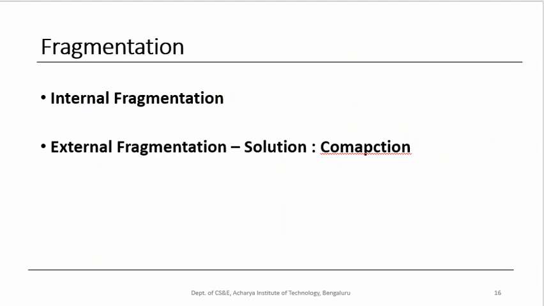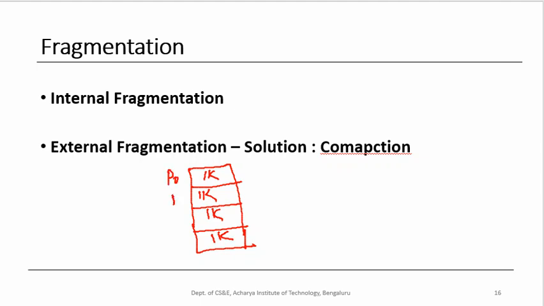Now if you take the fixed sized partitions, assume that you have created 1K partitions like this, and you have processes P0, P1, P2, P3 with the memory requirement. Let's say P0 needs 500 bytes and this needs 700 bytes and so on, 100 bytes, 250 bytes.